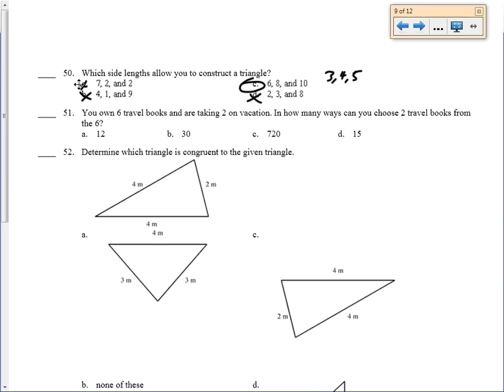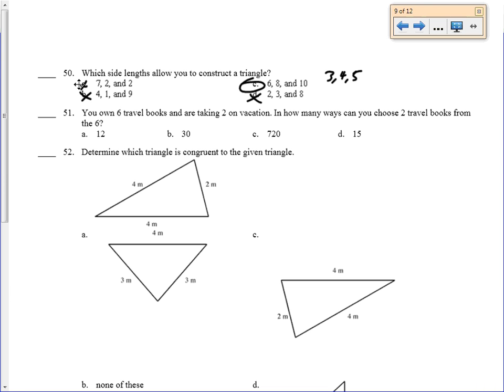8 squared. 8 squared was 64. What would you say, 15? What's 225 minus 64? 225 minus 64 is 161, so no, that's not it.